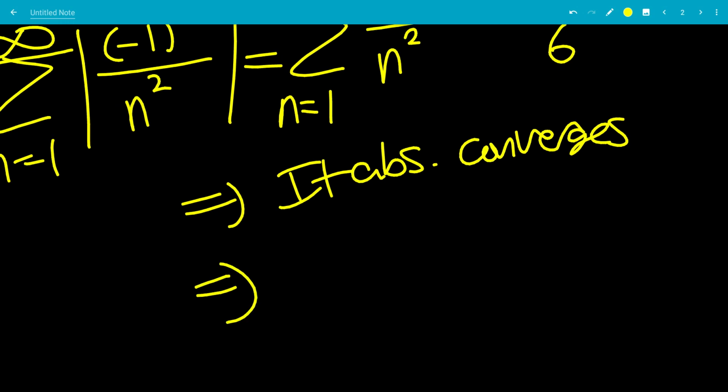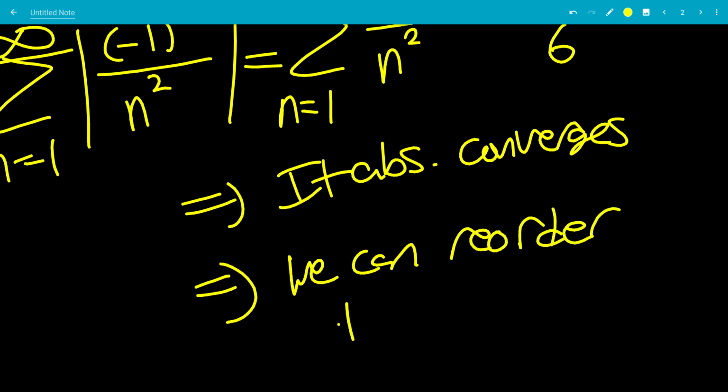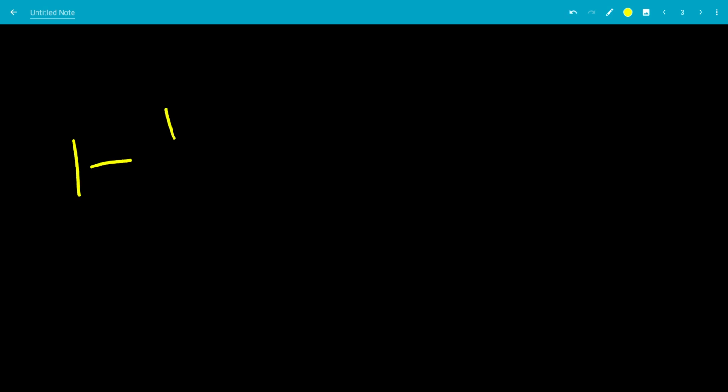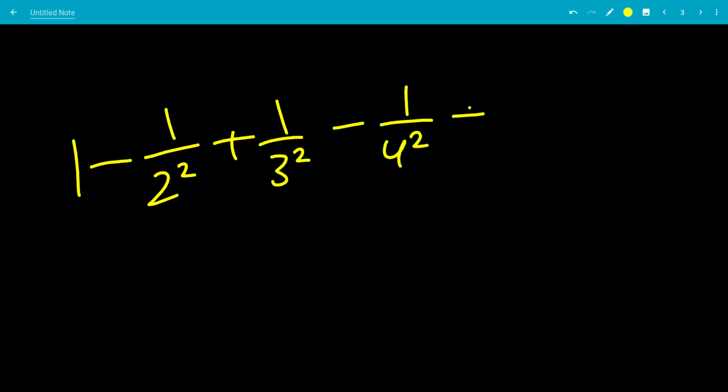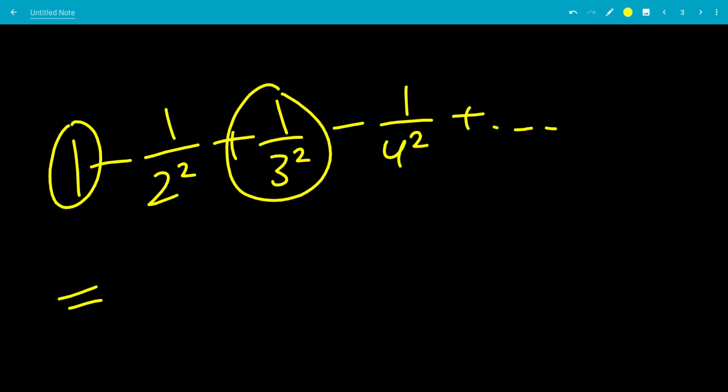Okay, what does this mean? This means that we can reorder terms. And so it's legal to reorder terms. Okay, so we have 1 minus 1 over 2 squared plus 1 over 3 squared minus 1 over 4 squared plus dot dot dot. What is it equal to? So we can group the odd terms. So we have this one, and then 1 over 5 squared and so on.